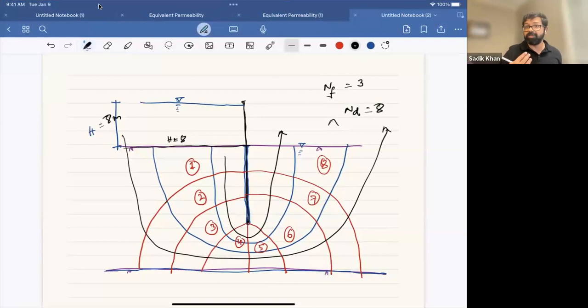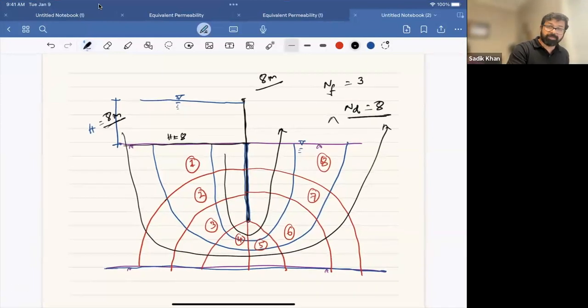So through each drop, what is our drop in the pressure? It is 8 meter, which is H divided by ND, number of drop, right? Which is 8. So I intentionally pick this number. So this is 1. So our each drop is 1 meter, right?